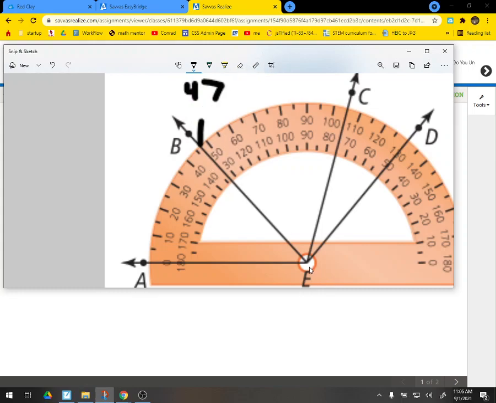And it said B, E, C, right? So where is C coming out? C's coming out between 100 and 110. Make sure to use the top number here. So that looks like it's 105 then.